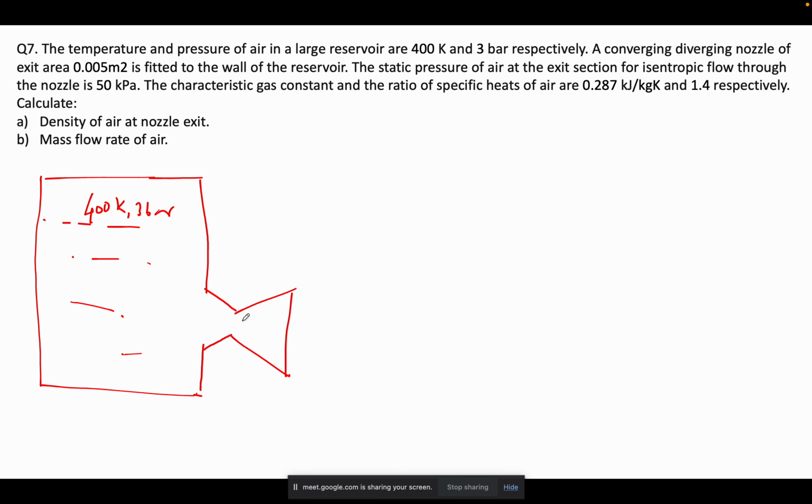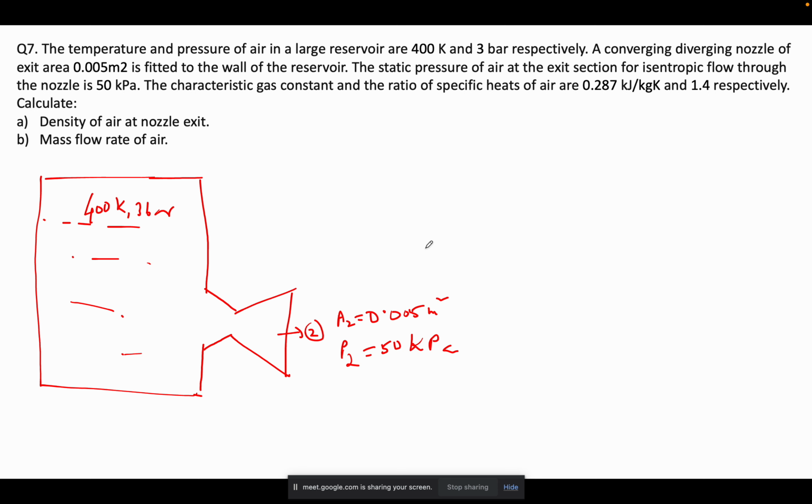A converging diverging nozzle with an exit area of 0.005 meter square is attached to it. If this point is point 2, the area of the exit is 0.005 meter square. The static pressure at the exit section, P2, is equal to 50 kilopascal. The characteristic gas constant is given, so you have to calculate the density at the nozzle exit.